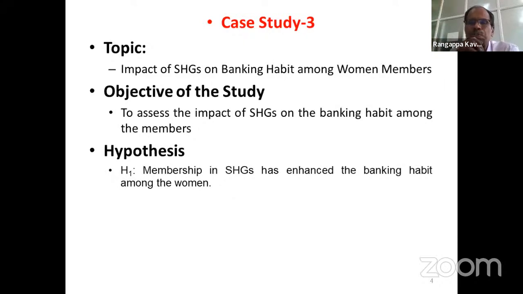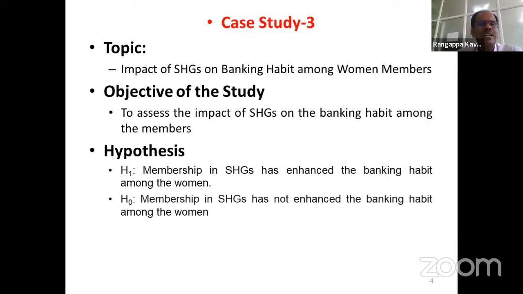This is how we formulate the research or alternative hypothesis, indicated as H1. The null hypothesis is that membership in SHGs has not enhanced the banking habit among the women. Okay, this is the research context.